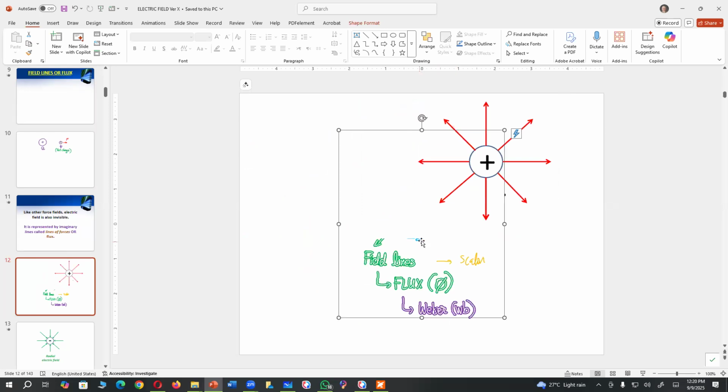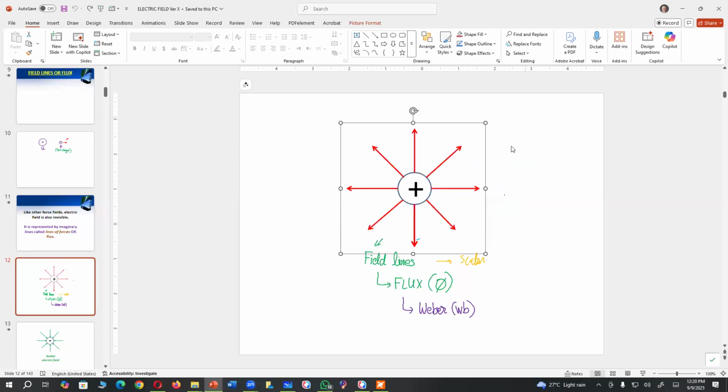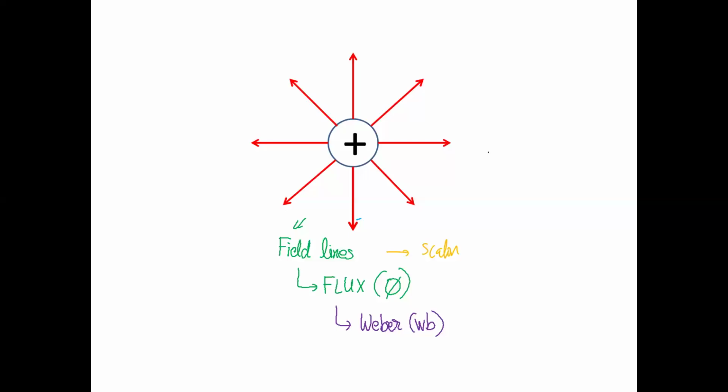We show these lines by using the idea of straight lines pointing away. Direction is very important. Positive lines will be pointing away, negative lines will be pointing towards. I repeat, positive pointing away, negative pointing towards. Now you have to copy this.